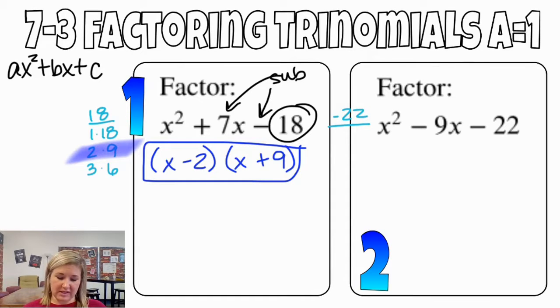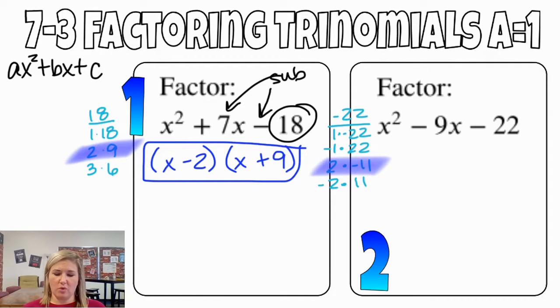What this looks like is 1 times negative 22 or negative 1 times 22, and then you also have 2 times negative 11 or negative 2 times positive 11. When I add those together to get negative 9, it's going to be this pair right here, 2 and negative 11.